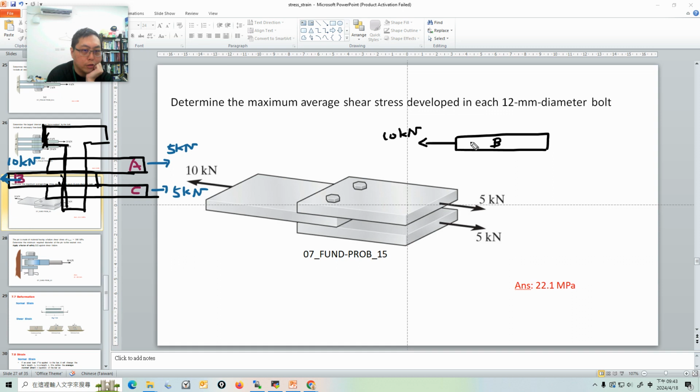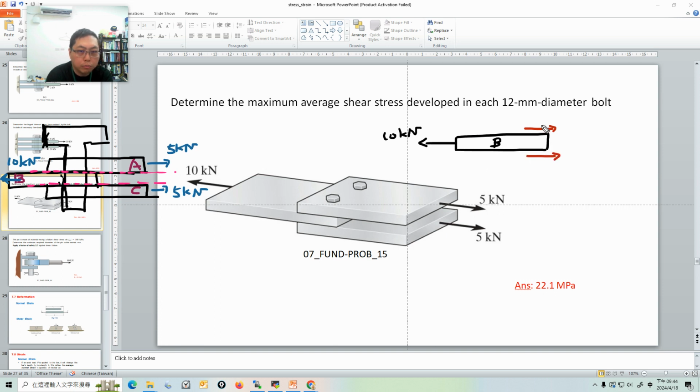So when I apply a force on B in this direction, B is subject to the friction from A and C, because B contacts A and B also contacts C, and this is the shear plane. Since everything is static, the friction force must hold B to prevent translation.